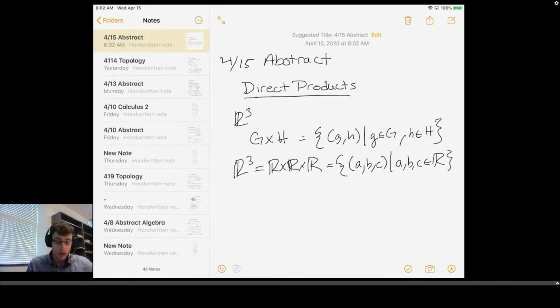This notion can be extended: I did it for 2, I did it for 3, you can do it in general.